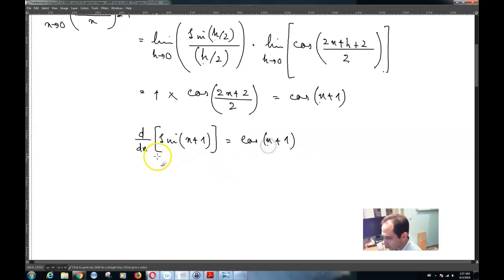And of course you know that d by dx of sine x is equal to cos x. So now let's check the answer here. Yes, cos of x plus 1.